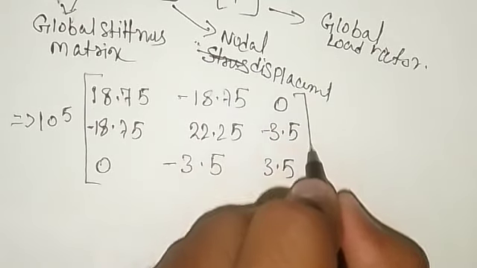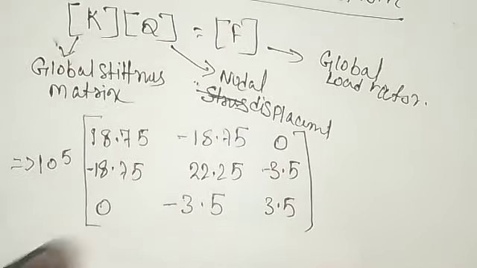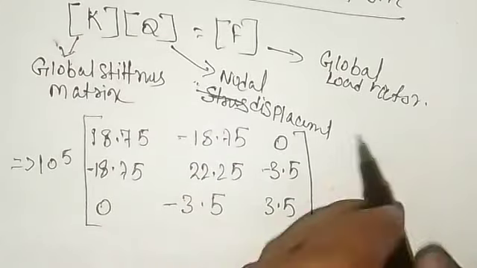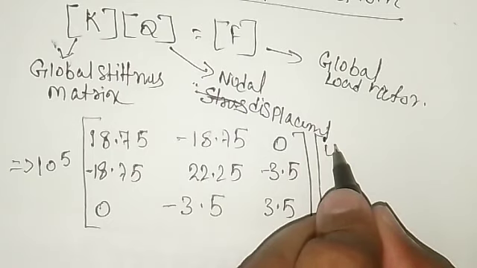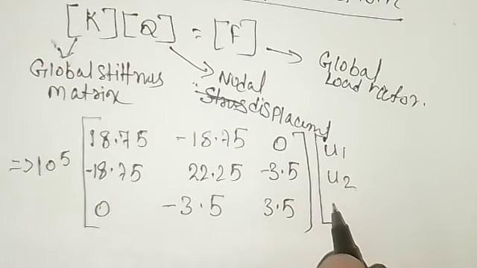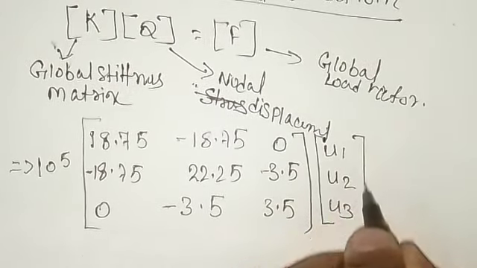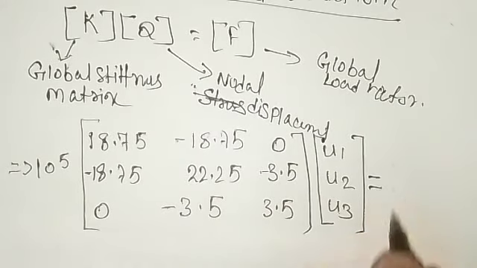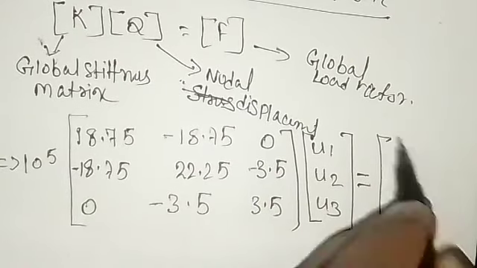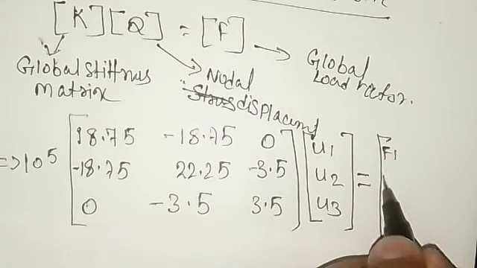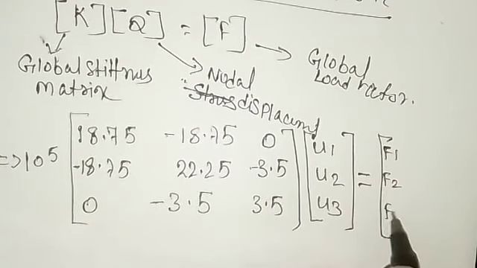This is the K. Beside that, we will write down the nodal displacement. What are the nodal displacements you have? U1, U2 and U3, is equal to F1, F2, F3.